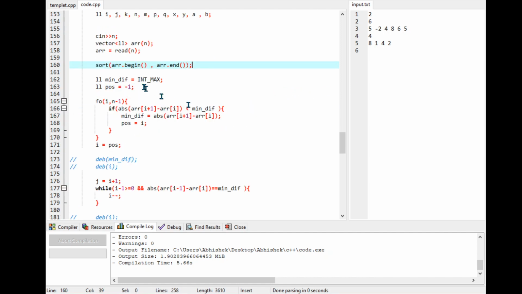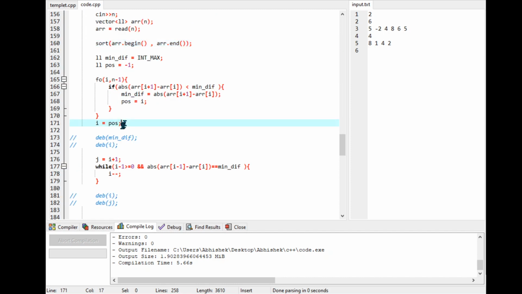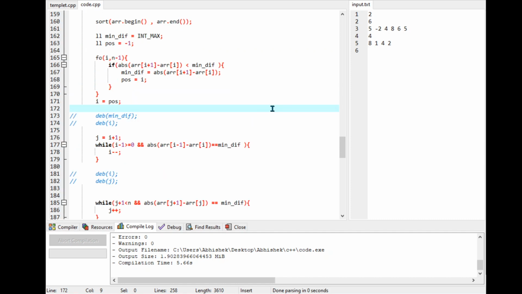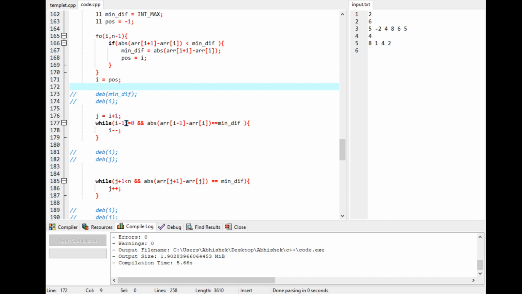What we want to print is the maximum difference. First we find what is the minimum adjacent difference in the sorted list. Then we take our 2 pointers to the maximum extent until the difference between the adjacent is the same.